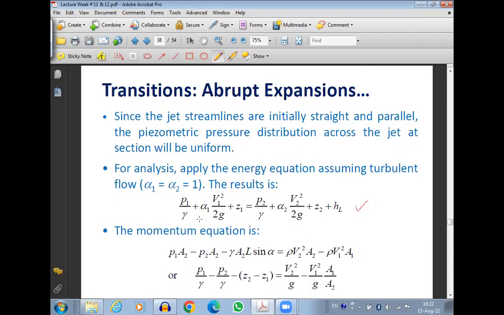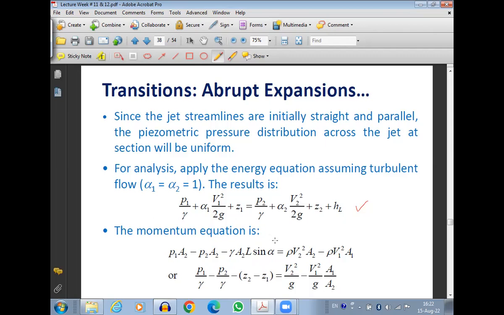So these will be the three forces that we have: due to pressure P1, due to pressure P2, and due to the weight of the fluid. We won't have any momentum accumulation term because the flow is steady and the dimensions of our control volume are not changing, so the momentum accumulation term will be zero.